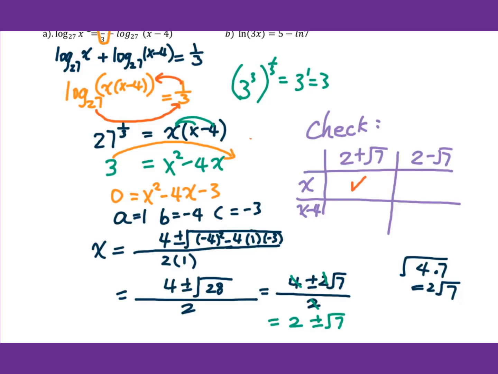Plug in: this is positive. 2 plus square root of 7 minus 4 is positive. 2 minus square root of 7 is negative, so this is wrong. Therefore, only x equals 2 plus square root of 7 will be the solution.